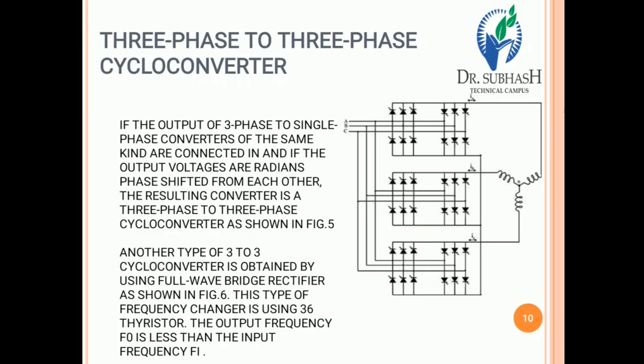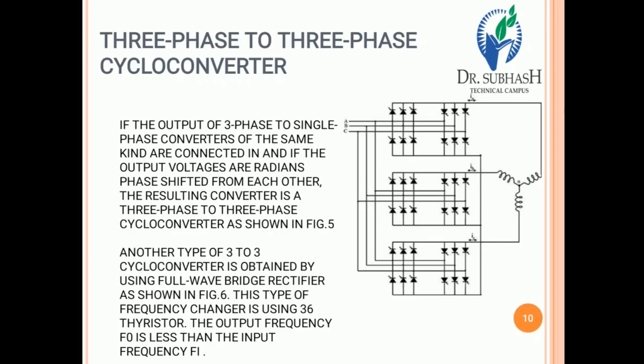So another type of three phase to three phase cycloconverter is obtained by using a full wave bridge rectifier as shown in this figure. This type of frequency changer uses 36 thyristors. So dear students, we can design this three phase to three phase cycloconverter by using 36 thyristors.